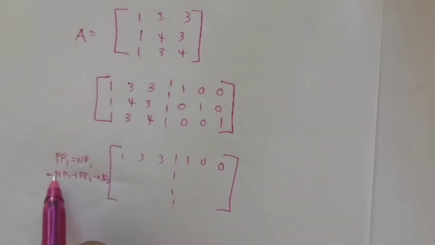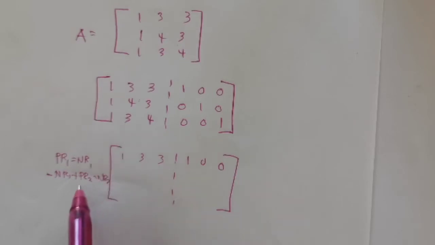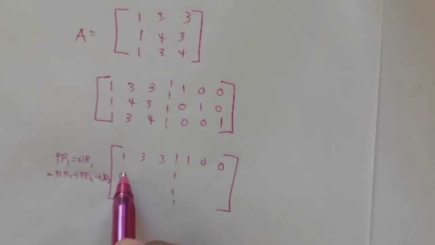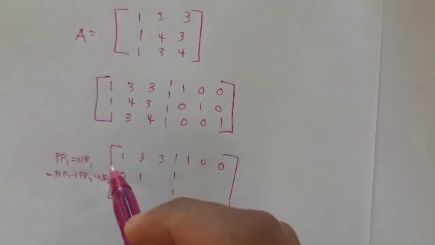Negative 1 times 1 is negative 1, plus 1, equals 0. Negative 1 times 3 is negative 3, plus 4, equals 1.